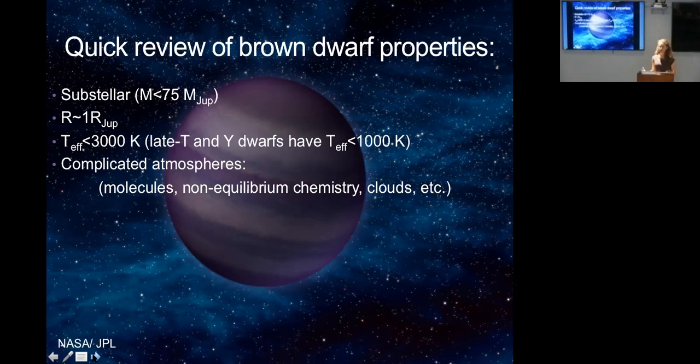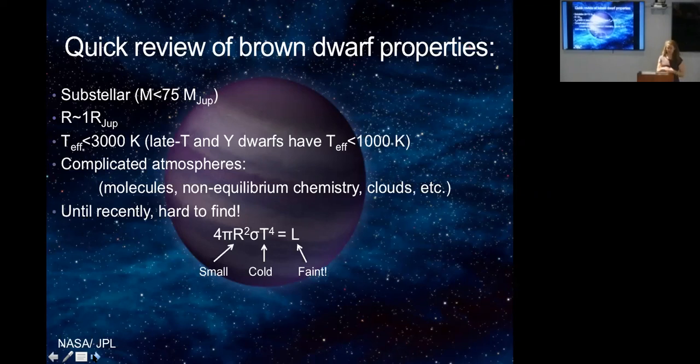There's the potential for non-equilibrium chemistry going on because of mixing, etc. Until very recently, brown dwarfs have been extremely hard for us to find. If you take a look at the Stefan-Boltzmann law, the fact that they're small and cold means that they're faint. And so really this is where the advent of infrared technology has allowed us to first discover these objects and then begin to characterize them.